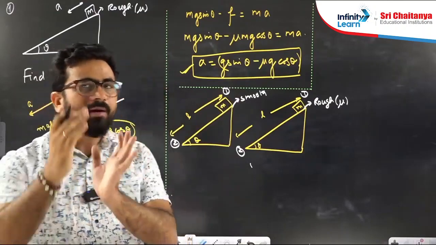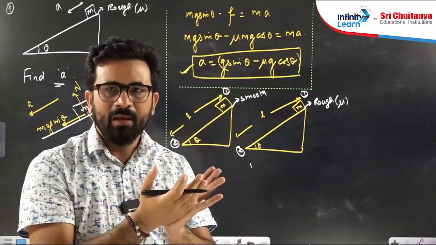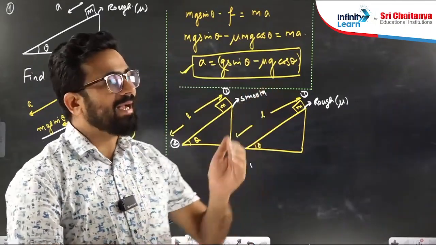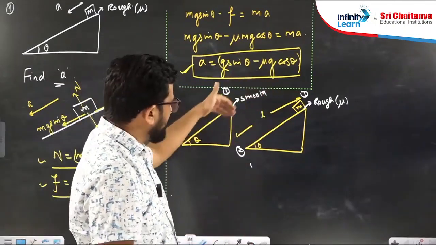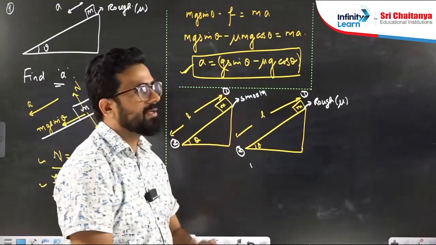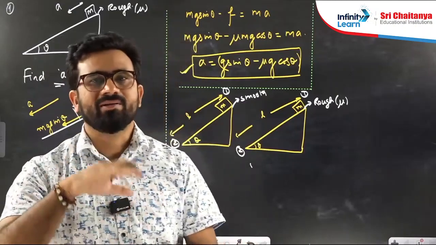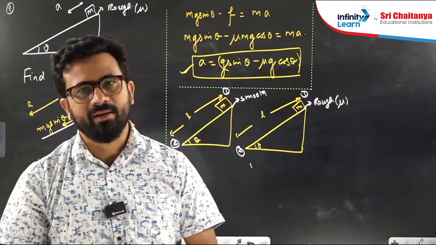Definitely, when the block is sliding on a smooth surface, it will take less time to reach the bottom. On the rough surface it will take more time, because the acceleration is less than g sin theta.